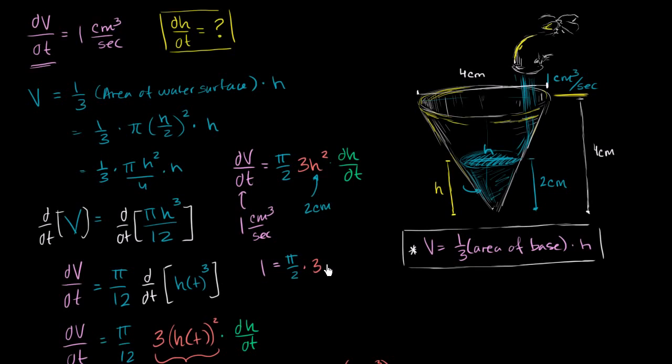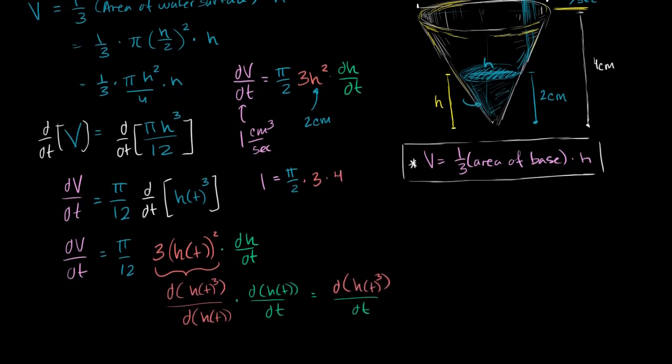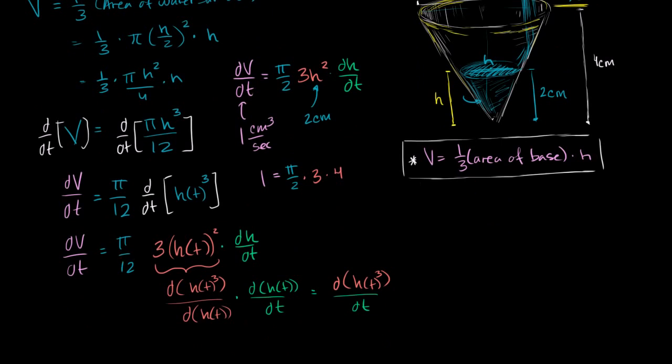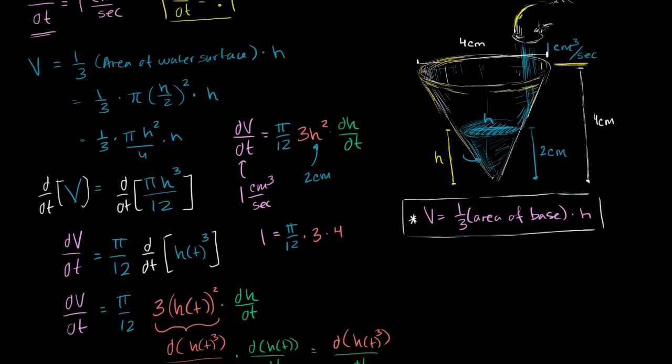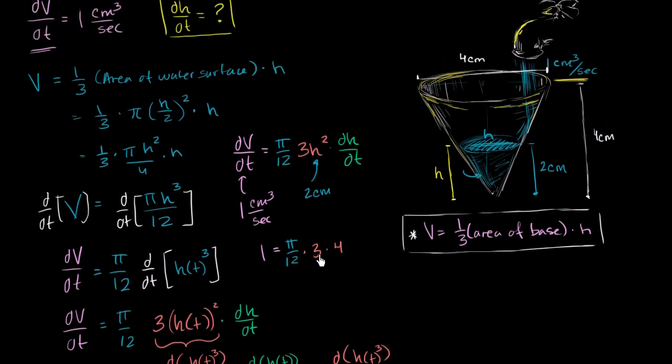We kept the units. So pi over 12 times 3 times 2 squared times dh dt.